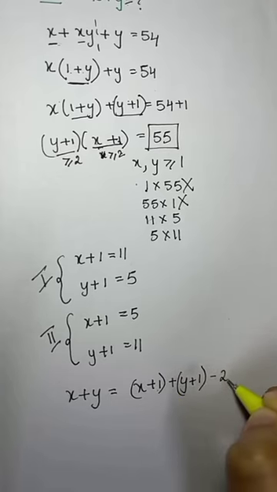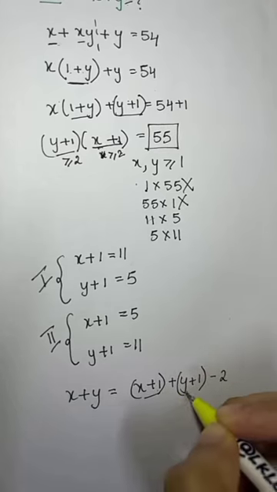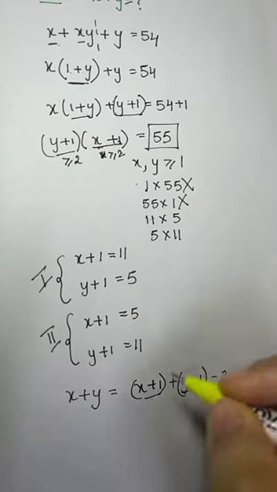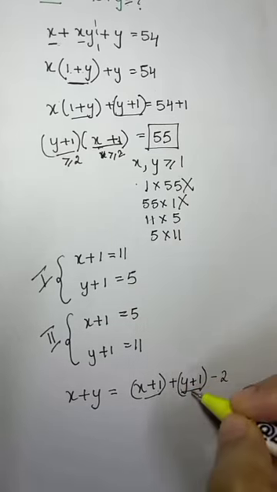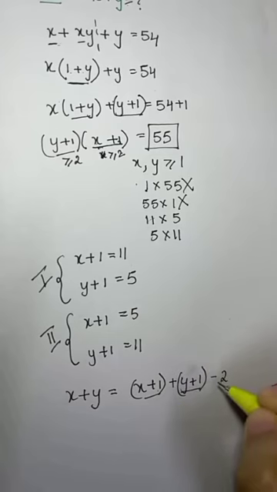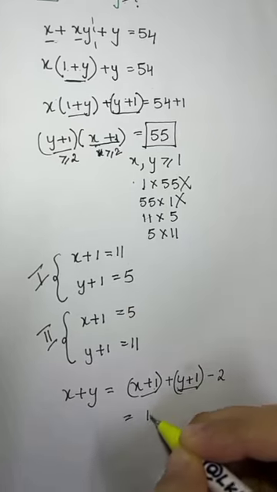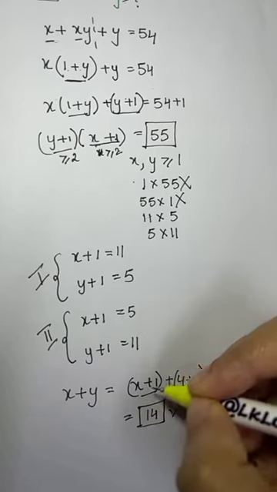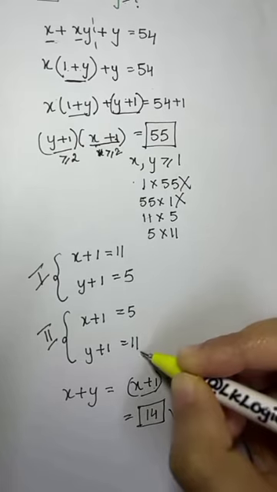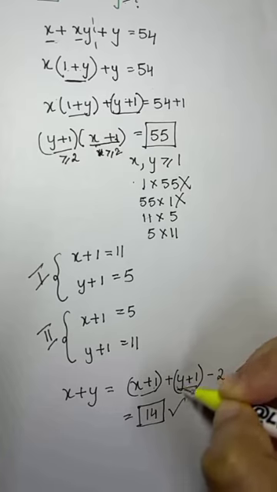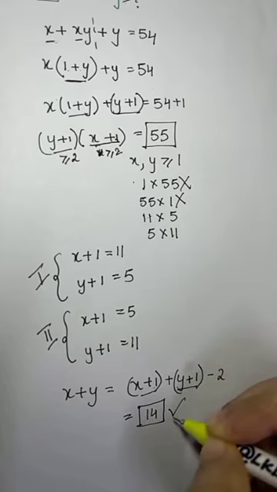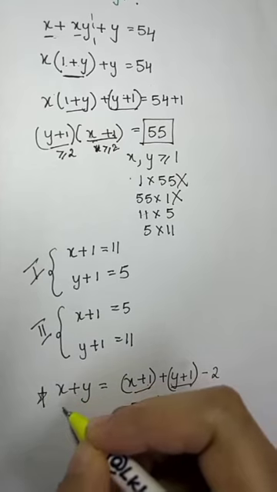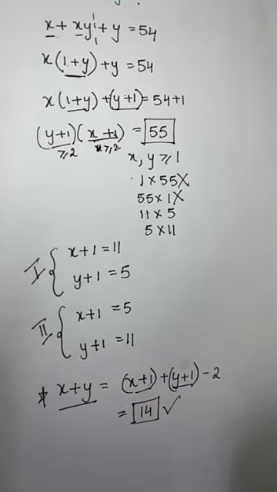If I take x plus 1 as 11 and y plus 1 as 5, it's 16 minus 2, which equals 14. Or if I take x plus 1 as 5 and y plus 1 as 11, 5 plus 11 is again 16, and 16 minus 2 gives you 14. So we got our answer: x plus y is equal to 14.